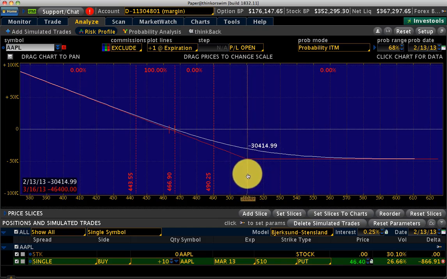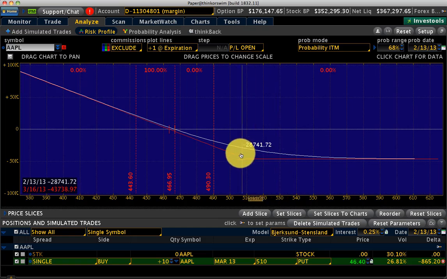So in this particular case, we have the 510 put option. In the 510 put option, we paid a premium of 46.40. Therefore, our break even is going to be 510 minus 46.40, and that's exactly what you'll see. You'll see that you have your break even at 463.